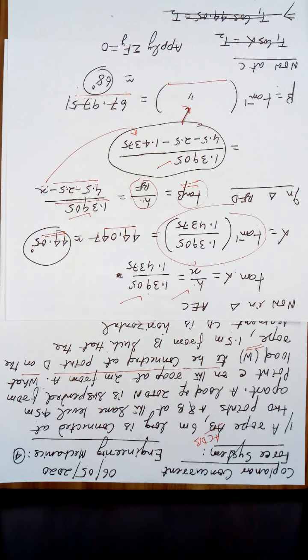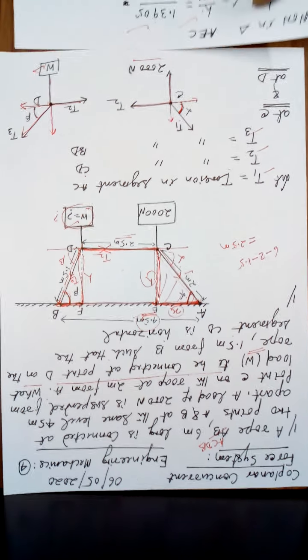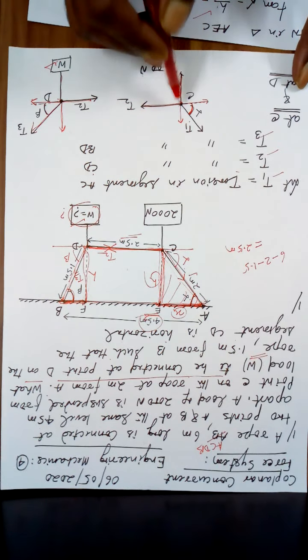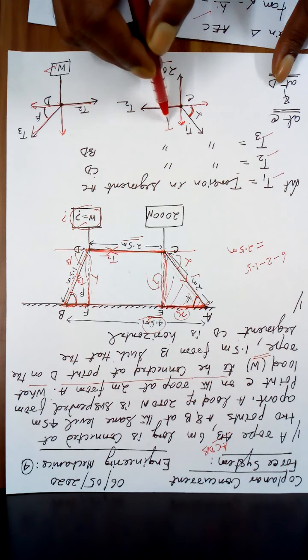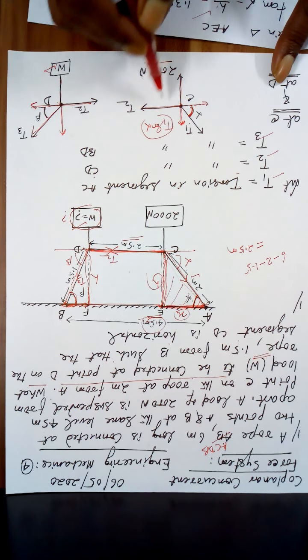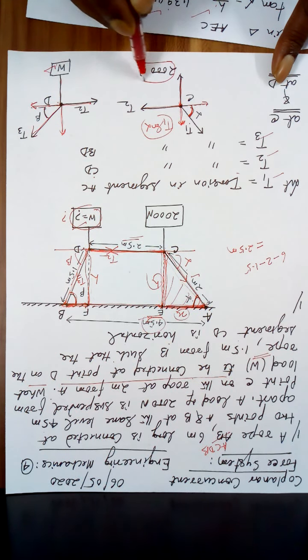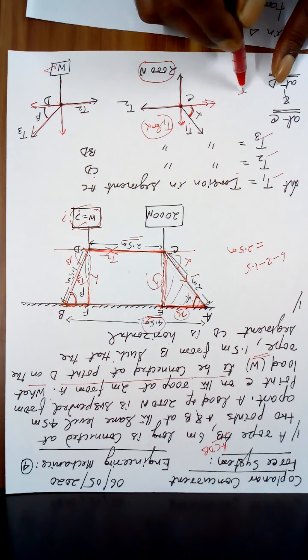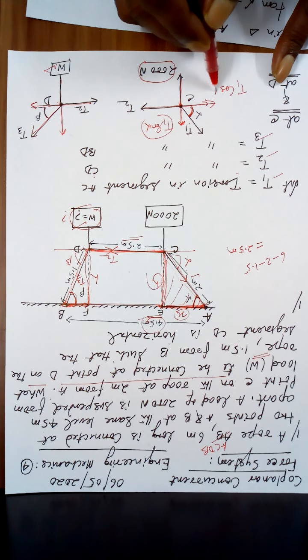Now apply the condition of equilibrium at C. At C, this one will be your T1 sin alpha. So T1 sin alpha will balance this. This one will be equal to your T1 cos alpha.